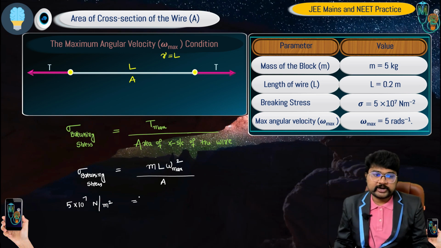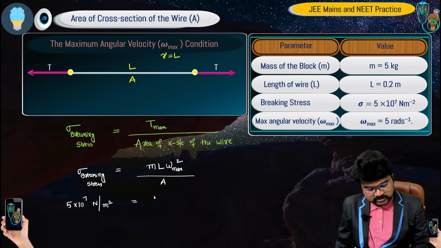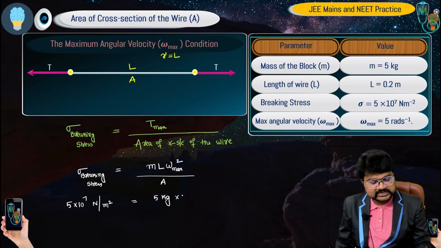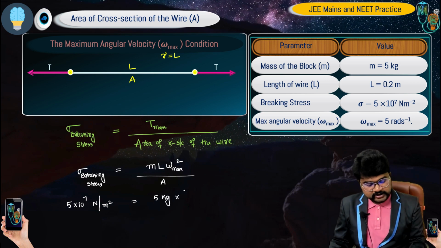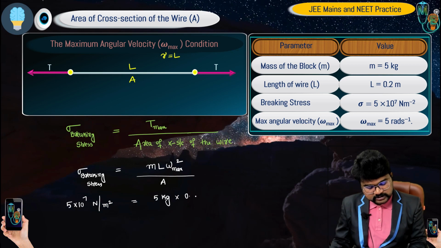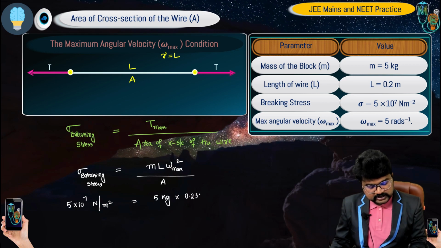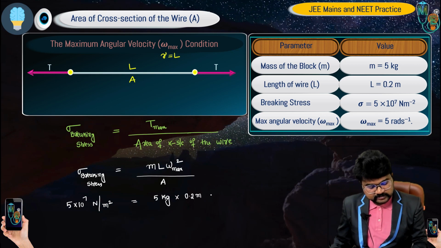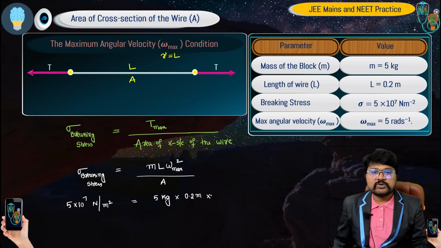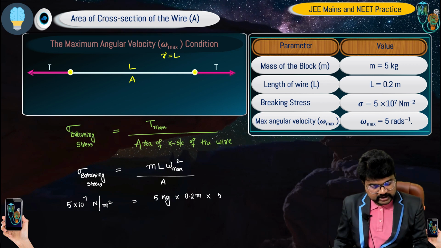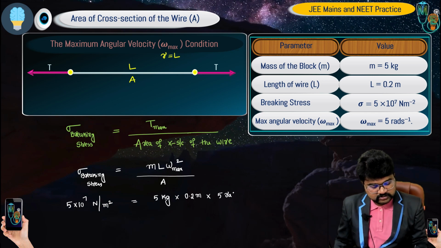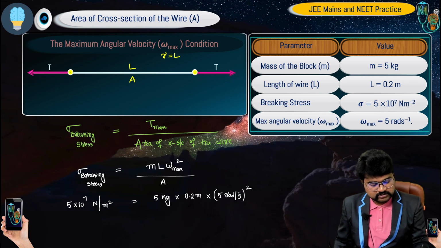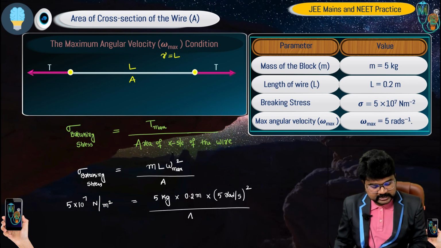Mass of the body is nothing but 5 kg. What is the length of the wire? 0.2 meter. What is the maximum angular velocity? 5 radians per second, whole square, by area.